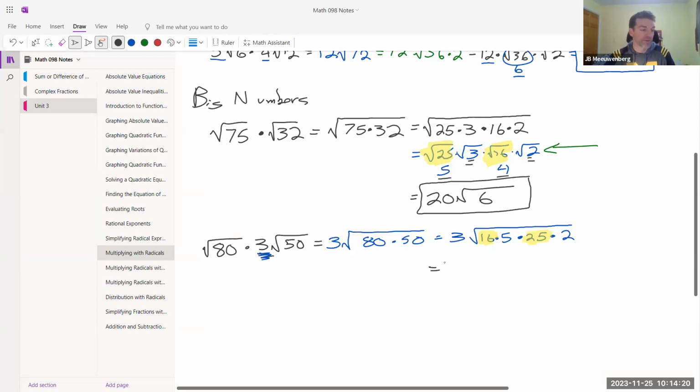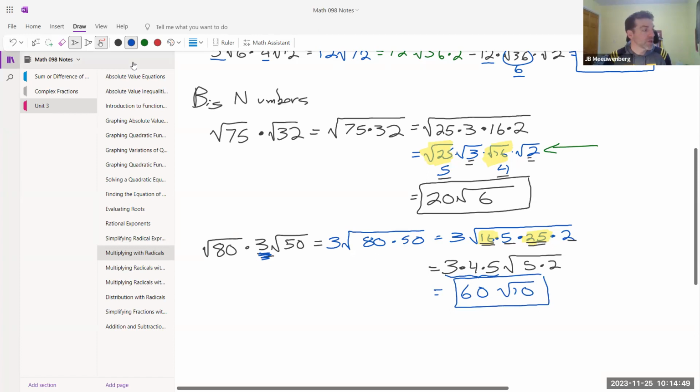So what we have here is our 3 times the root of 16 is 4. The root of 25 is 5. And then you leave the leftover stuff, which is the 5 times the 2. And then we just put it all back together and simplify it. So on the outside, we have 3 times 4 times 5, which is 60. That's this stuff. And on the inside, we have 10. 60 radical 10. Is that what you got?